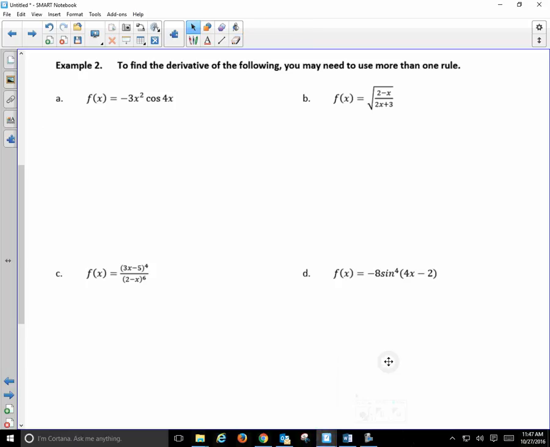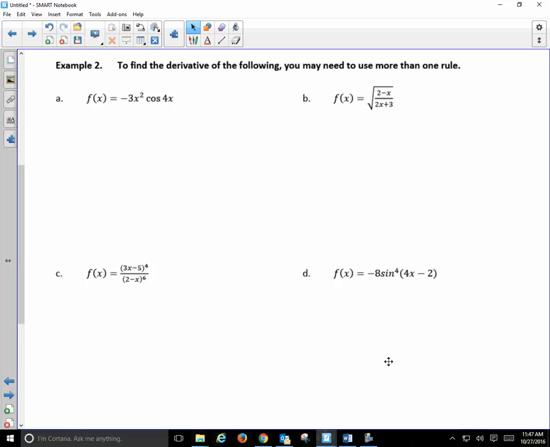Anybody see the 2 rules that we have to use here? Quotient and chain. Now, if I plug in a number for x, let's say I plug in 1, this is how you tell what to set up first. If I plug in 1, I'll take 2 minus 1, and I'll take 2 times 1 plus 3. Will I divide those, or will I take the square root?